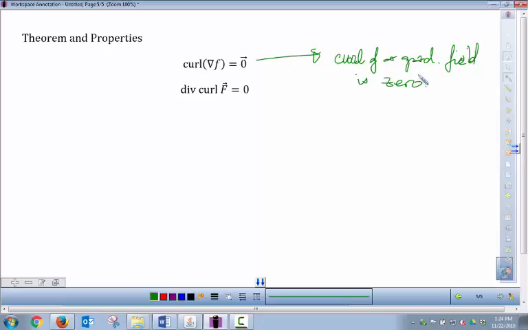So remember, there was a way for us to check if something was a gradient field. If it's conservative, how do you check if it's conservative? We took the partials, right? Partial of q with respect to x is equal to the partial of p with respect to y. Turns out that if you subtract it, you get 0, and that's the last component of your curl, this is for 2 dimensions.